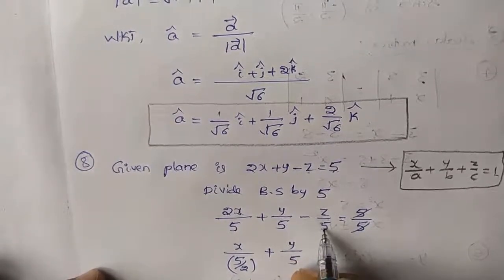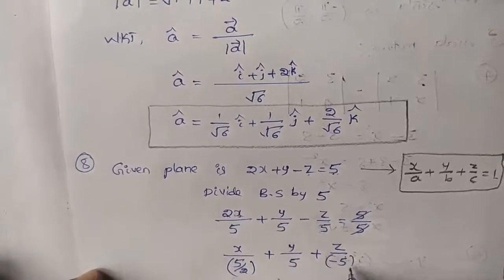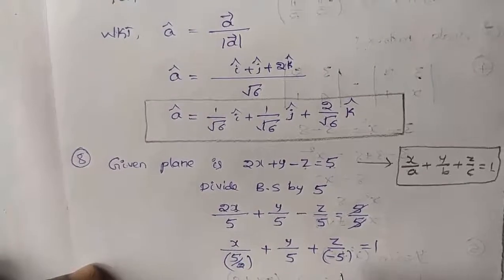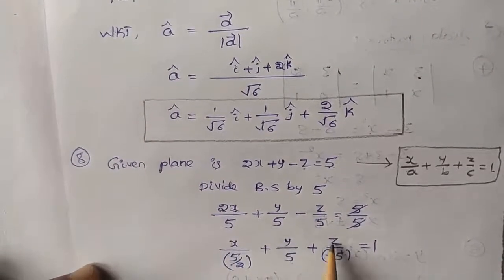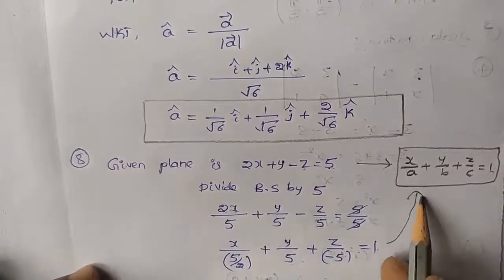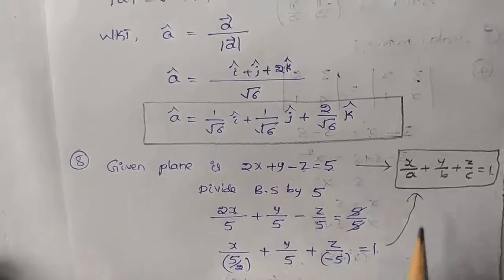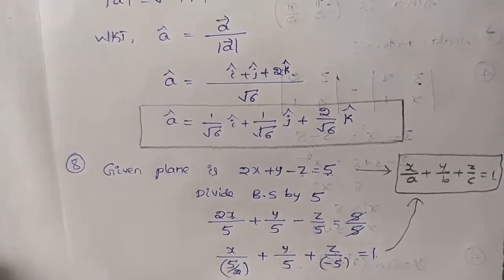Shift this minus in the denominator. That will becomes z by minus 5 equals to 1. Therefore now it is in the form of x by a plus y by b plus z by c equals to 1. See this equation in the form of this one. Therefore x intercept 5 by 2, y intercept 5, z intercept minus 5.